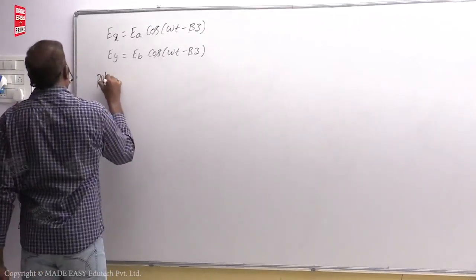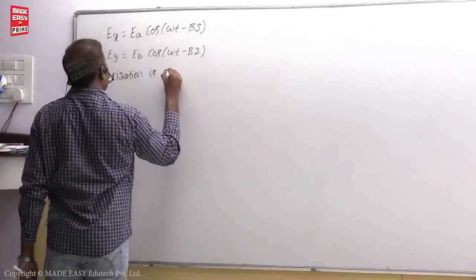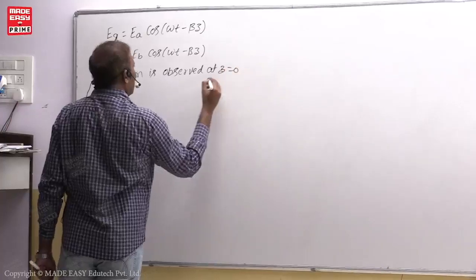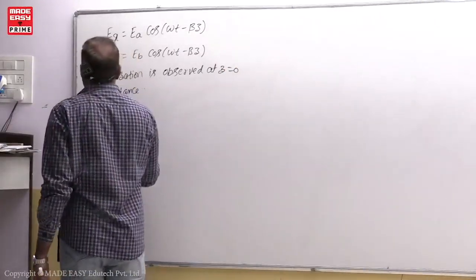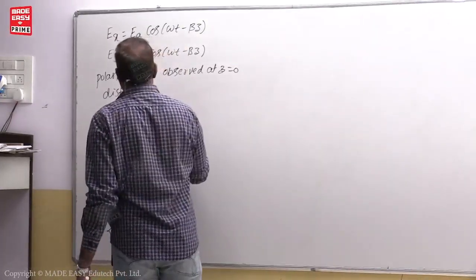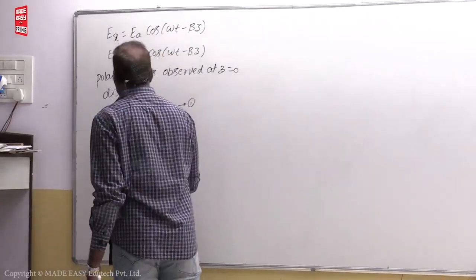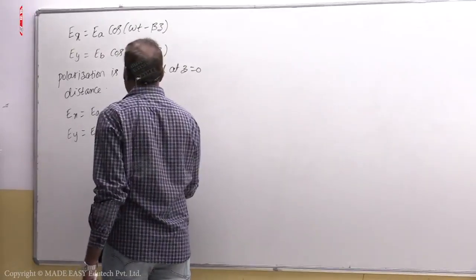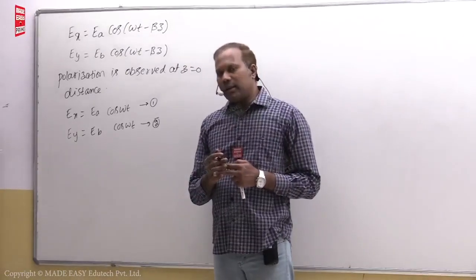Now polarization is observed at z equal to 0 distance. So in this case, Ex becomes Ea cos omega t, and Ey is equal to Eb cos omega t. Now how do you get the resultant electric field equation?